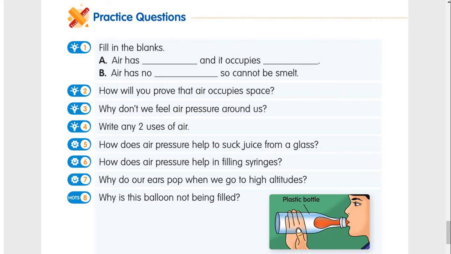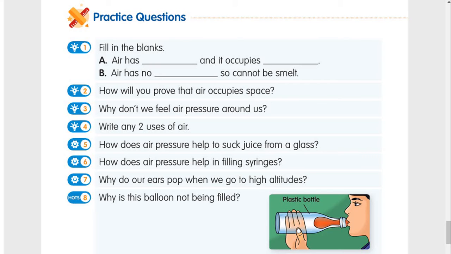The outside air pressure is more, so it pushes the juice inside the straw. We suck air first. It reduces the air pressure inside the straw. The air which is outside exerts more pressure on the juice and pushes it in the straw.